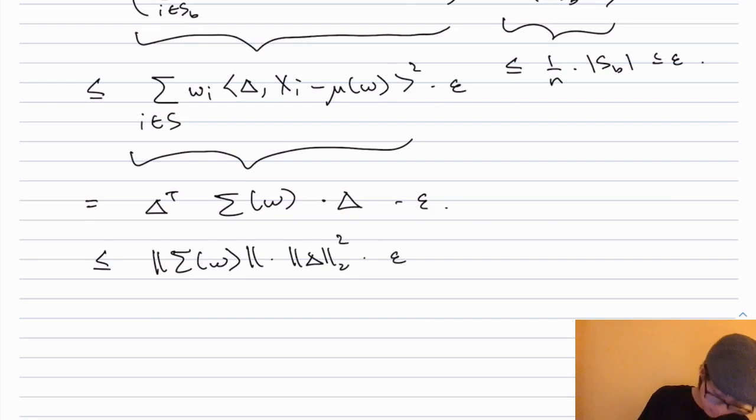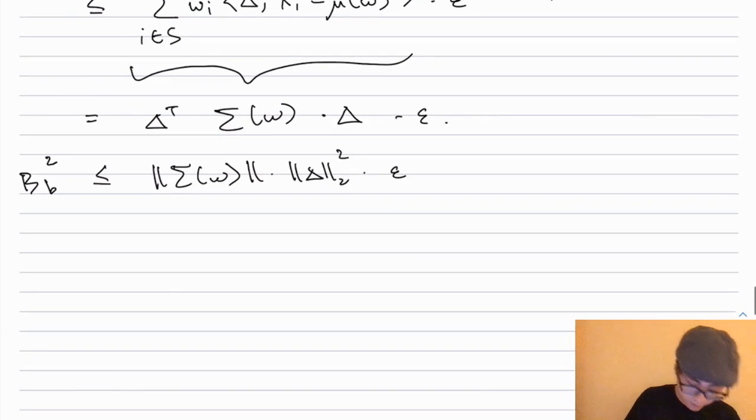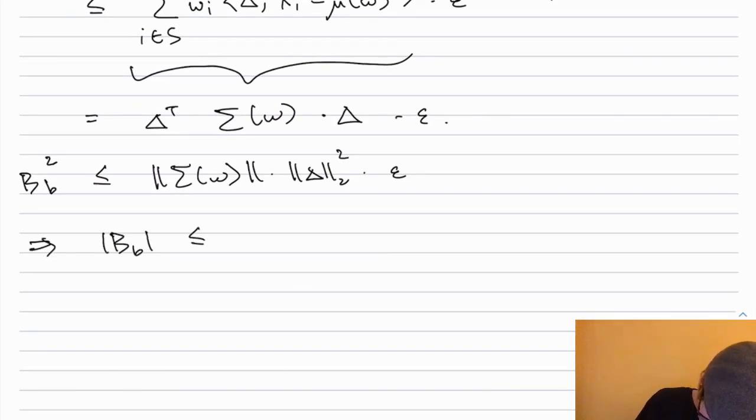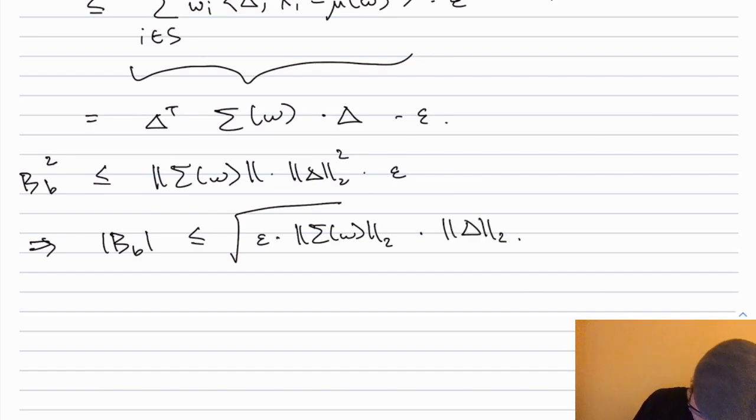So this says that B sub bad squared is at most this, which implies that the absolute value of B sub bad is at most the square root of epsilon times the spectral norm times the L2 norm of delta.